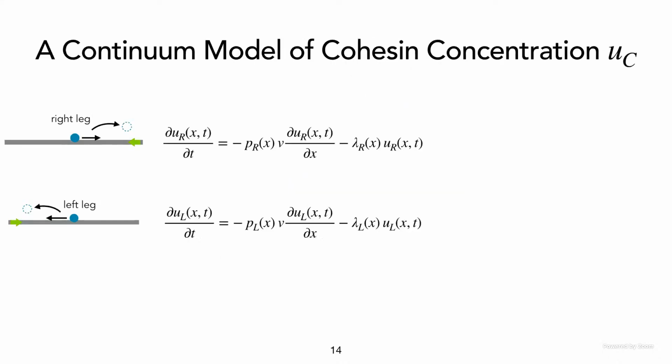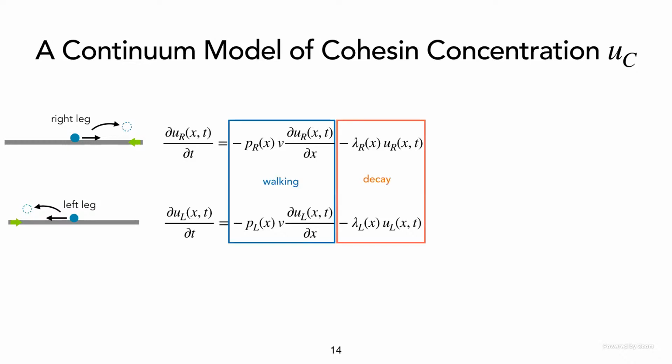And once we have a sketch, we can design the equations and study how the concentration of the right leg and the concentration of the left leg change over time and across the space. Both equations just have two terms. One is describing the walking, and the other one is describing the decay.